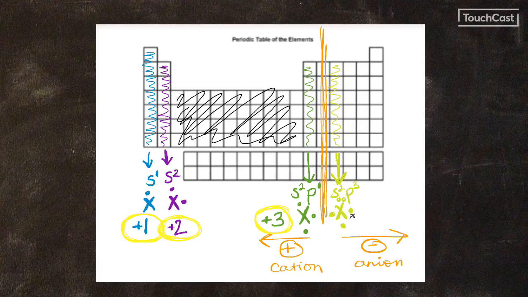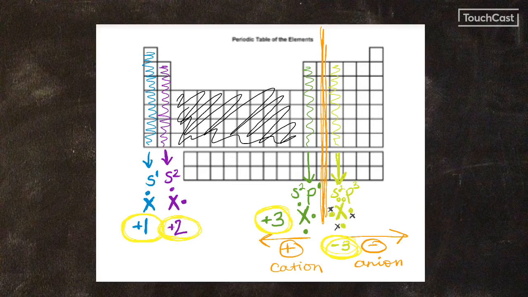It's easier to fill these 3 empty spaces with electrons or steal them, so I become more negative. And when I become more negative, I end up with a charge of -3, because that 3 is the 3 spaces that we need to fill. So everything within this light green row is going to have a charge of -3.